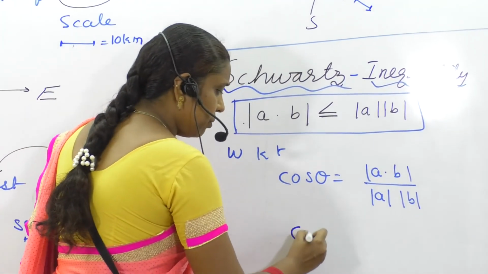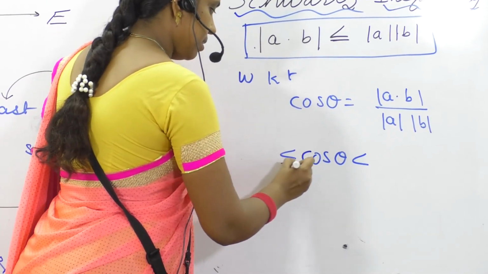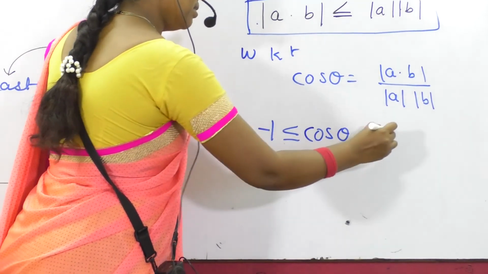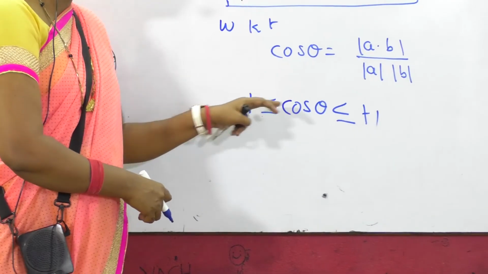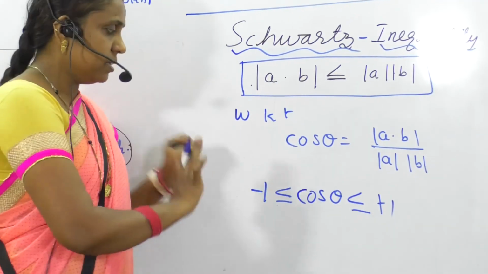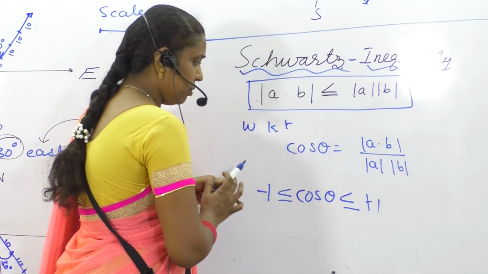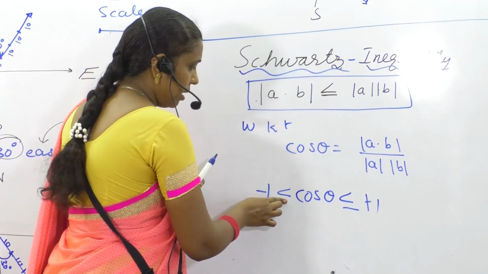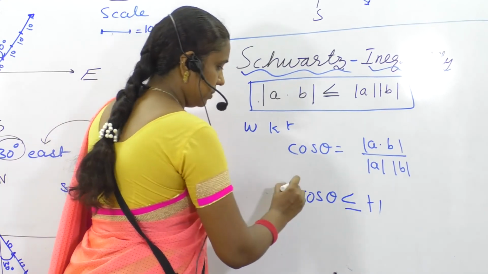Next, check it here. What will we take? Cos theta is always greater than or equal to minus 1 and less than or equal to plus 1. This is known. So with this information, I will consider half of the statement.